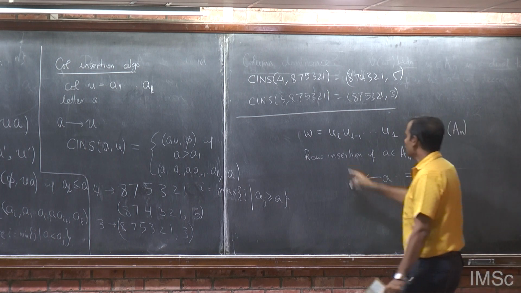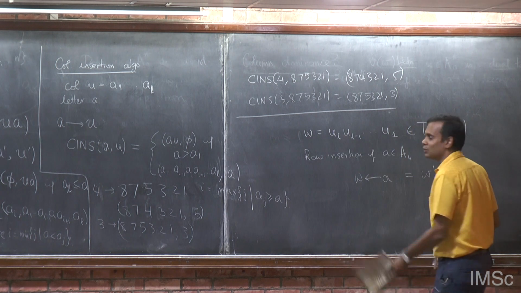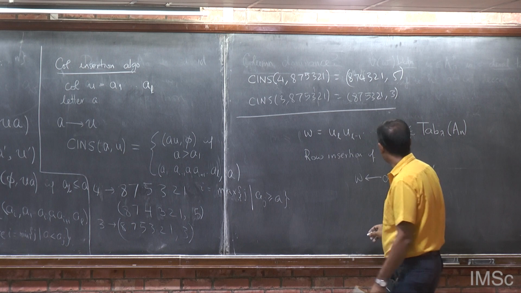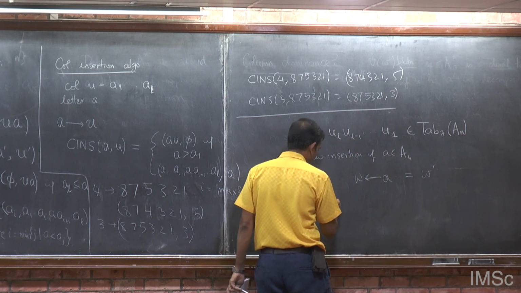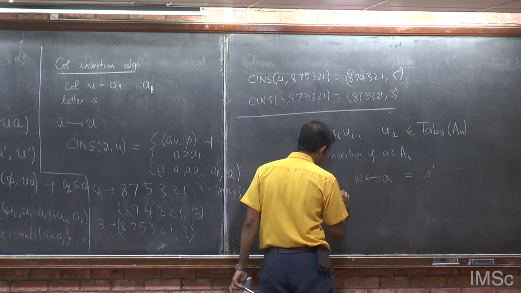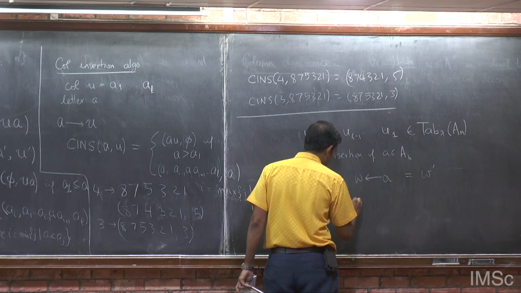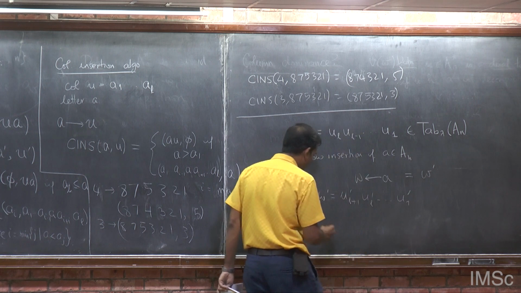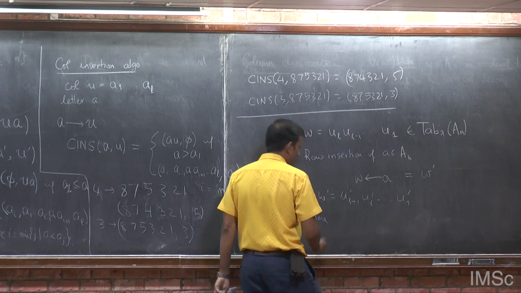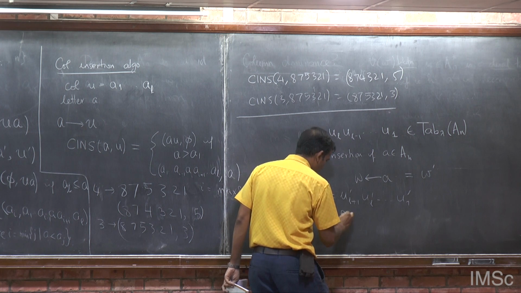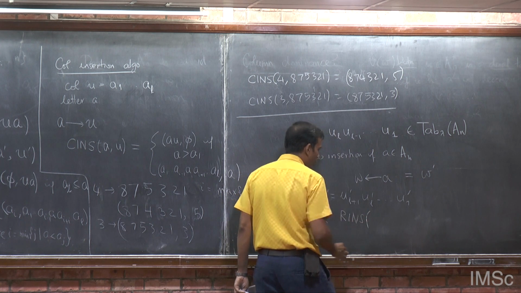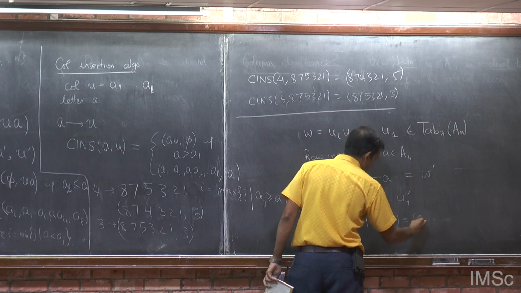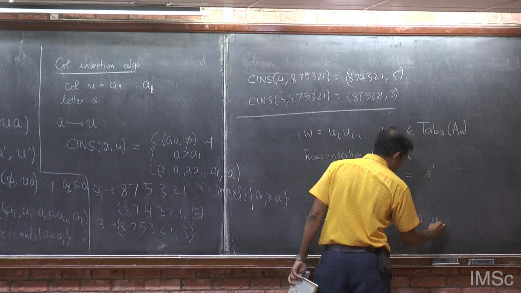So, what you do is you have W equals UL minus 1 U1. So, what you do is you take U1 prime. So, this W prime is going to be UL plus 1 prime UL prime up to U1 prime, where you will write row insertion of U1 of A into U1 is A1 comma U1 prime.